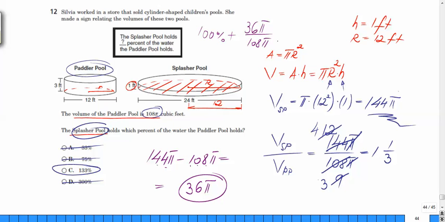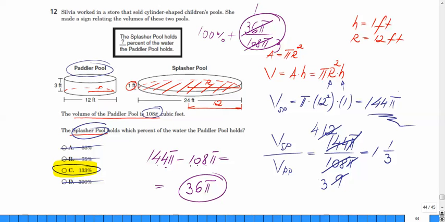Because now you need to find how many more percents the splasher pool has compared to the paddler pool. The 108 pi was the 100%, 36 pi over 108 is the difference. You need to find what that is, and that will give you 1 over 3. Because if you simplify here, that will give you 1/3, which is 33%, and that's why the answer here will be C, 133%. These are just two ways in which you can solve this problem.